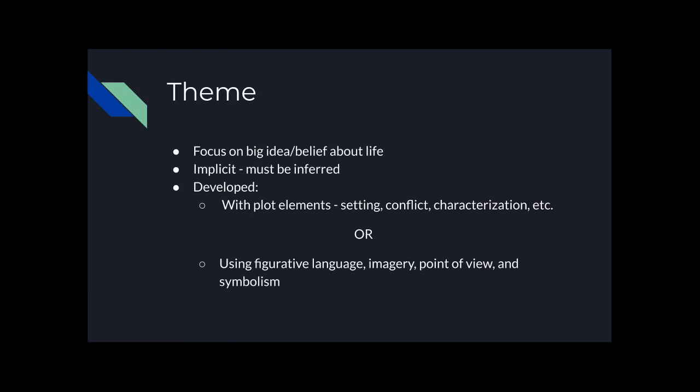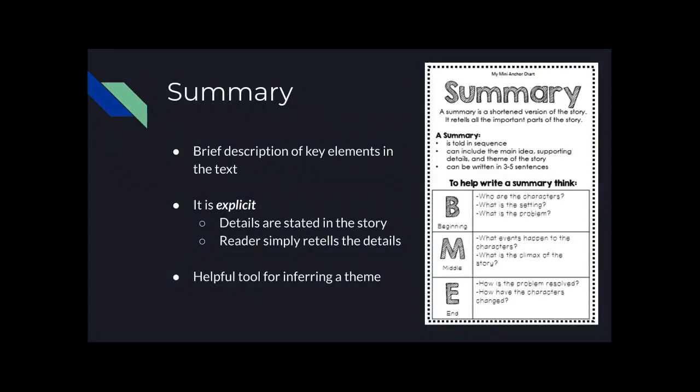Usually the author is going to develop it with plot elements such as setting, conflict, characterization, or he or she will use figurative language, imagery, point of view, and symbolism to help bring about the theme that we need to get from the story. When TABE testing, we may need to provide a summary of a literary text.